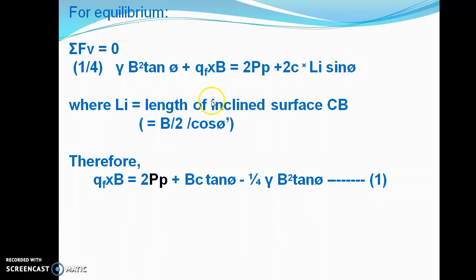Now what is Li? Li is the length of the inclined surface, which is given by B by 2 upon cos of phi. Okay. So therefore, our final equation will be QF. I have kept this on one side and I have taken all the other terms on the other side. So QF becomes 2PP BC tan of phi minus 1/4 gamma B square tan of phi.